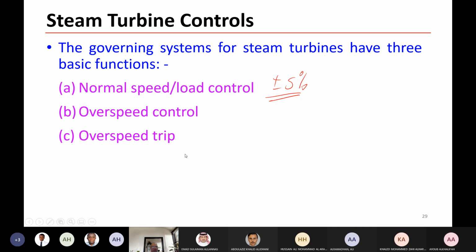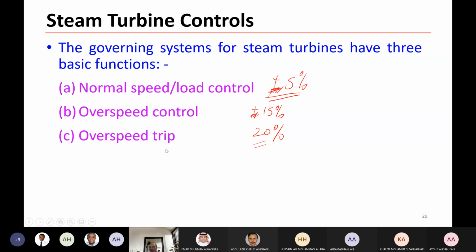If you have over speed, if the speed becomes like plus minus 15%, and overspeed if the speed becomes, for example, 20% plus, in this case, we need to trip. There is no option.